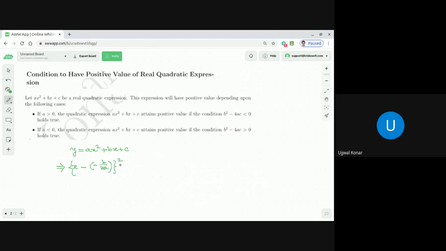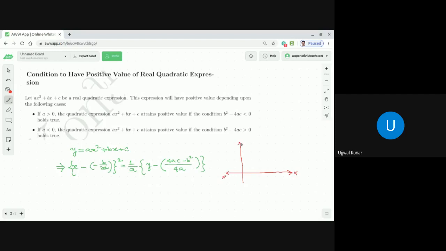That is equal to 1 by a into y minus 4 into a into c minus b square divided by 4a. Correct? Now, both of these are the same. Now, the only thing I'm going to do is a visual representation. So what is the visual representation of this curve?